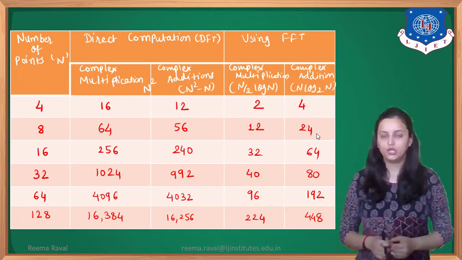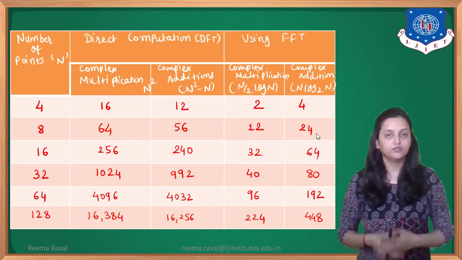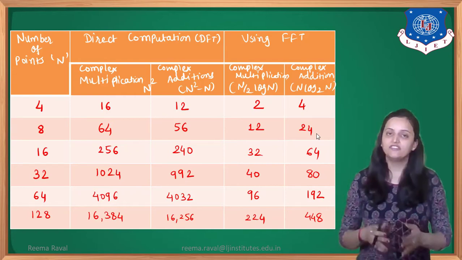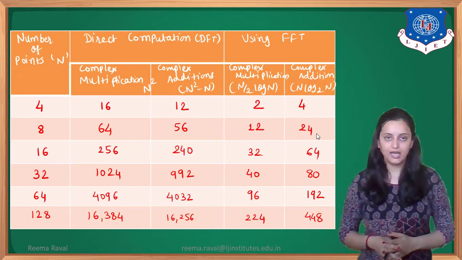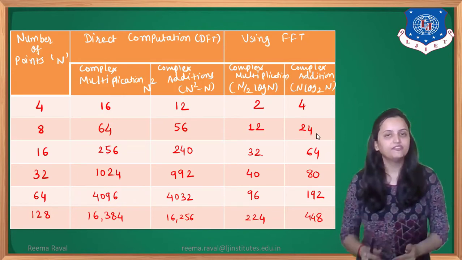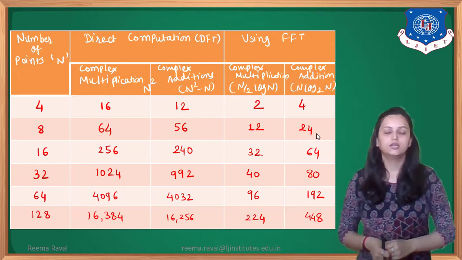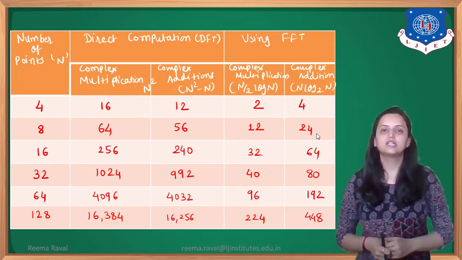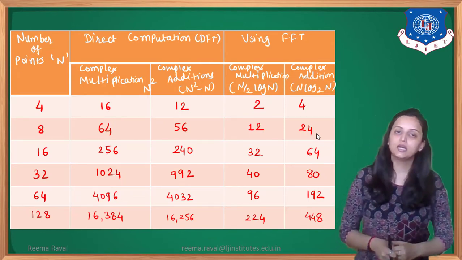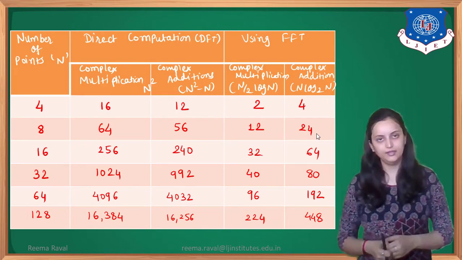So this indicates that for a larger number of points, FFT algorithms are more suitable as compared to DFT for efficient computation of the Fourier transform. This is the comparison table for direct computation DFT and FFT.